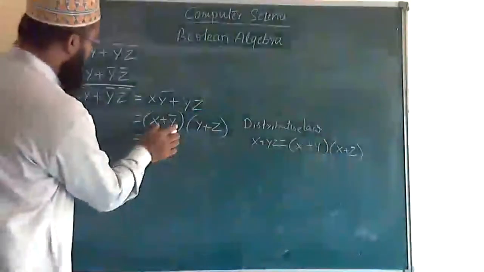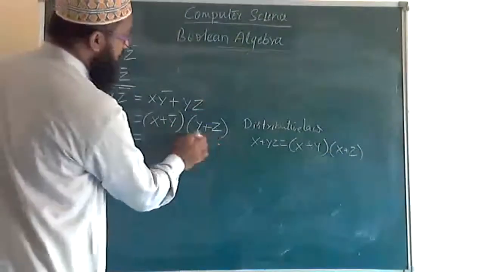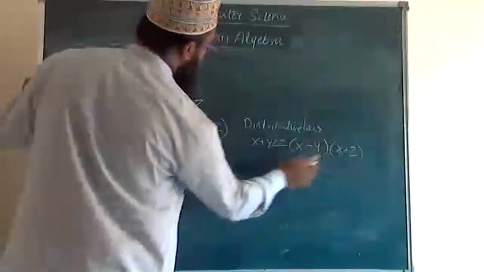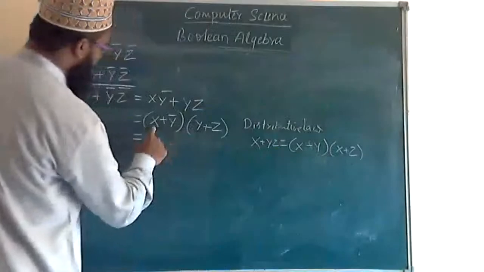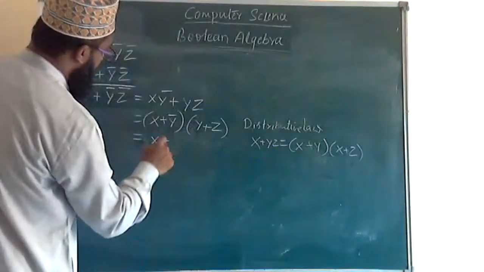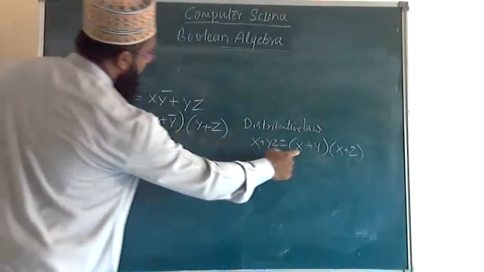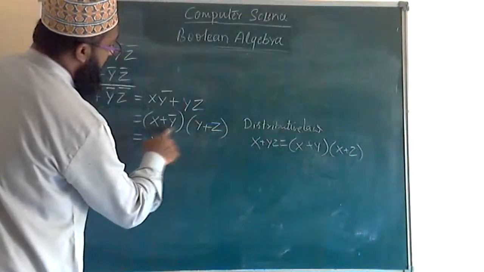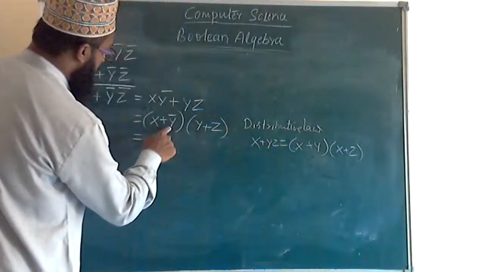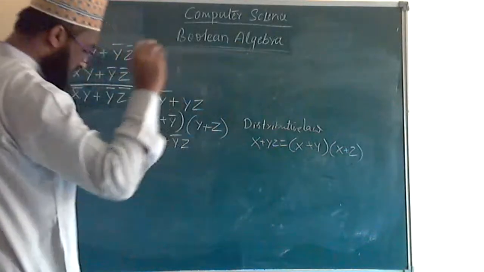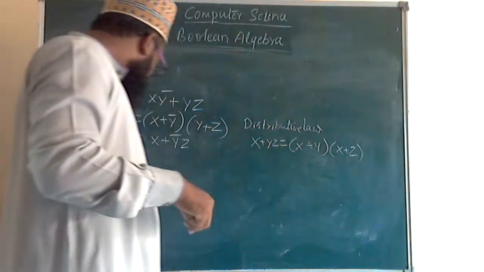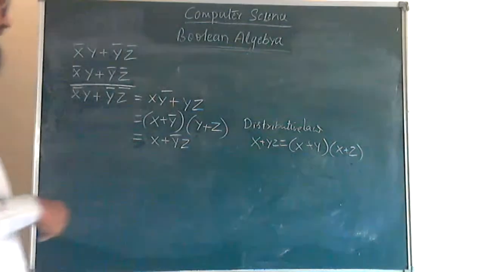Here, this is x plus y, this is x plus z. Then the result is x plus yz. Here this is xy, means x plus yz. X we have taken, y, then z. We have created it like this.